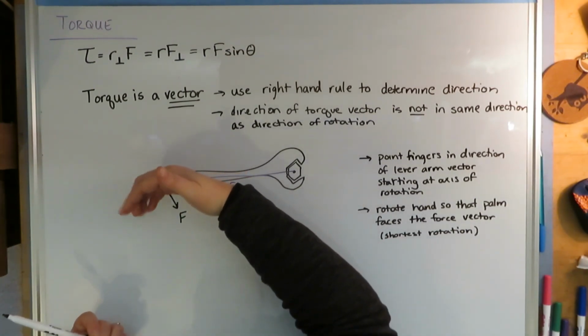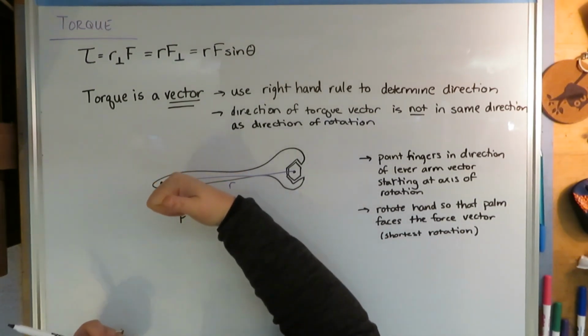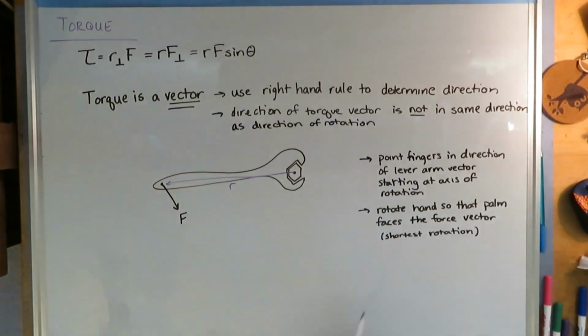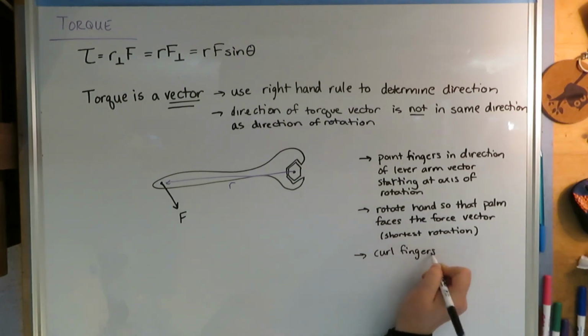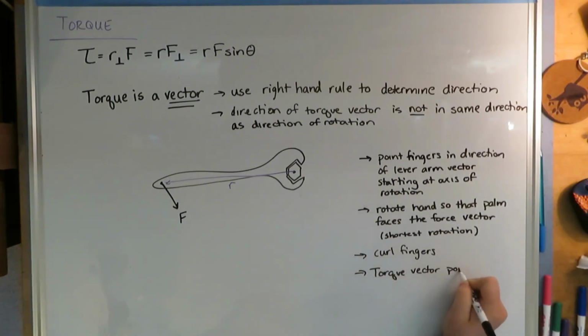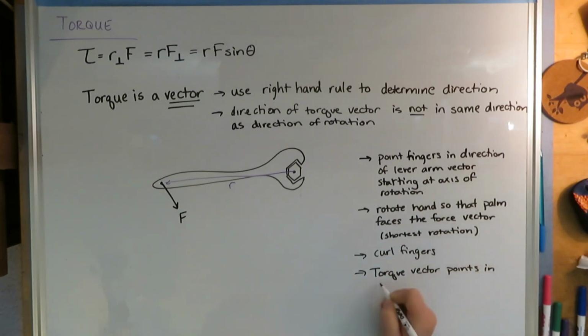And then all you have to do is curl your fingers, and your torque vector points in the same direction as your thumb.